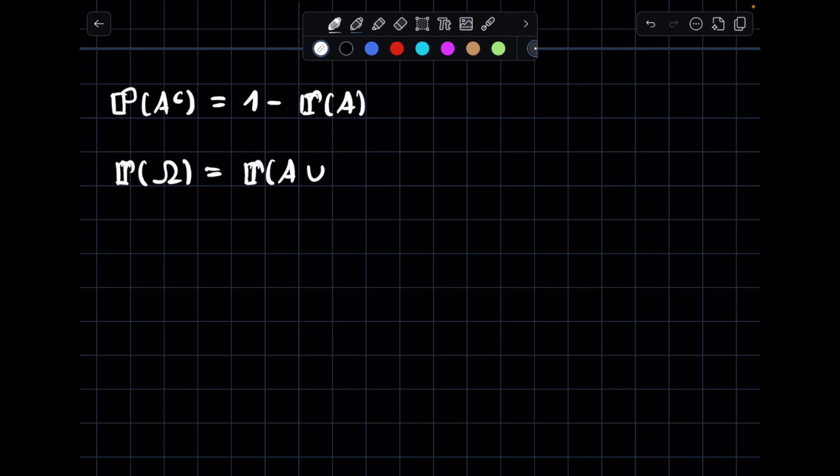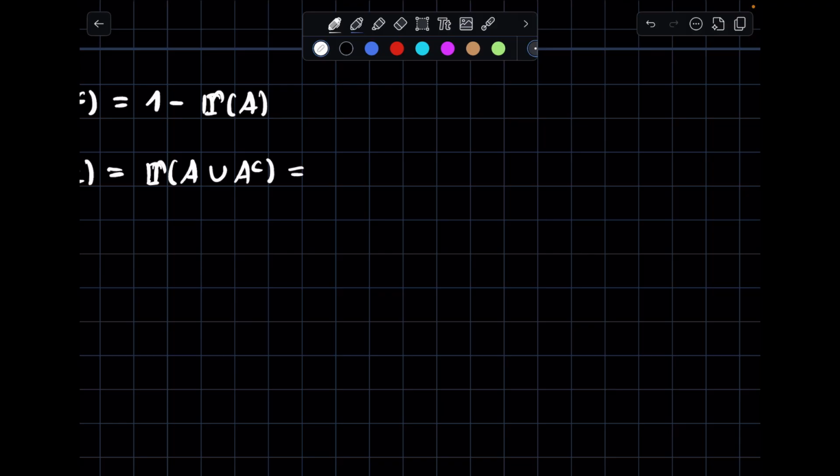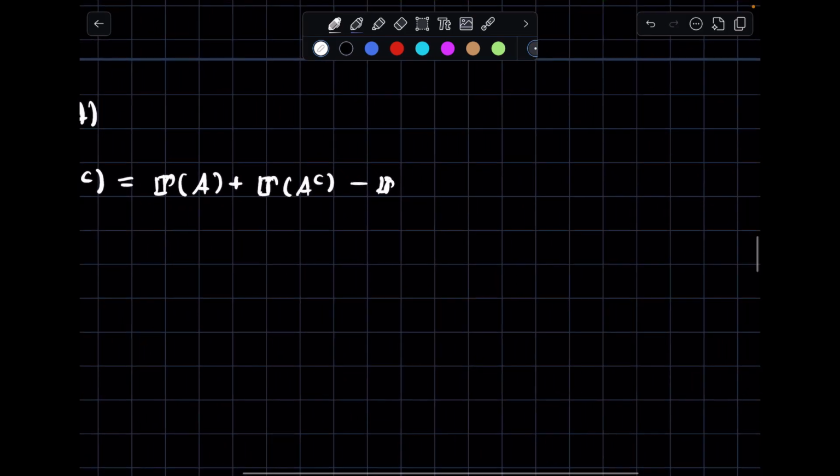So the union of A and A complement. We know that a union is given by P of A plus P of A complement minus P of the intersection of A and A complement.